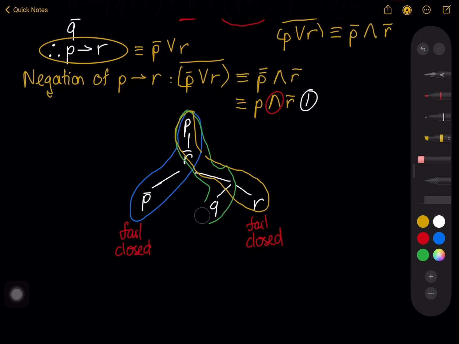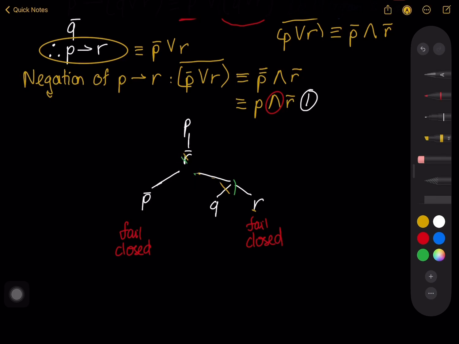Alright, I'm gonna erase these lines for better visualization. Okay, that's all I can have. Sorry, y'all.